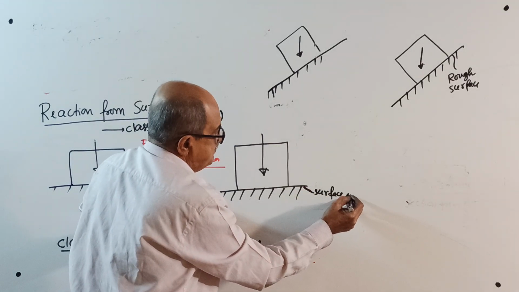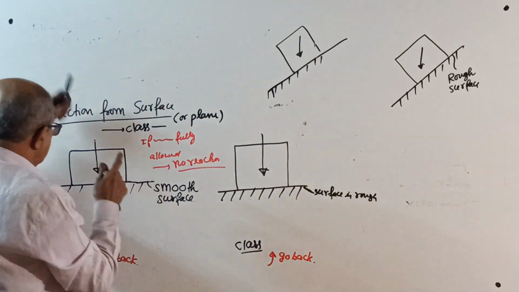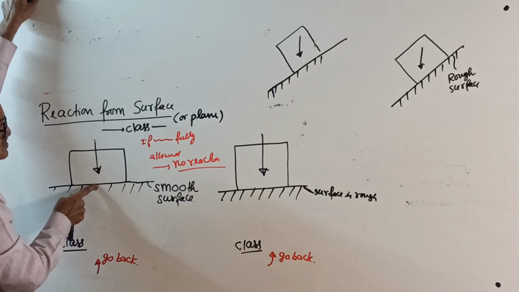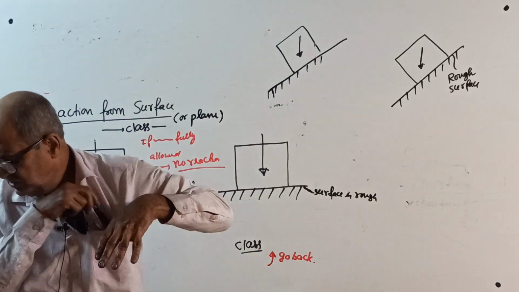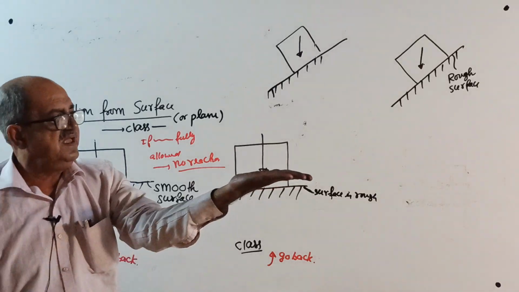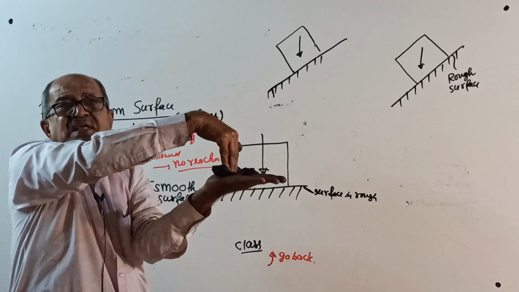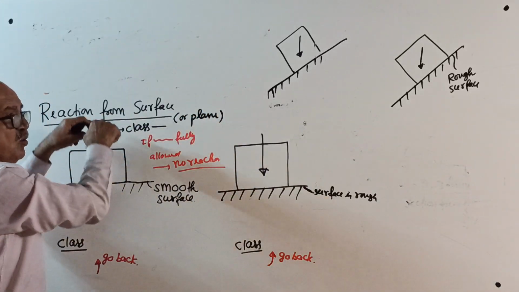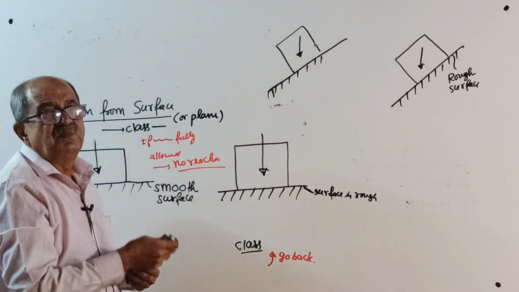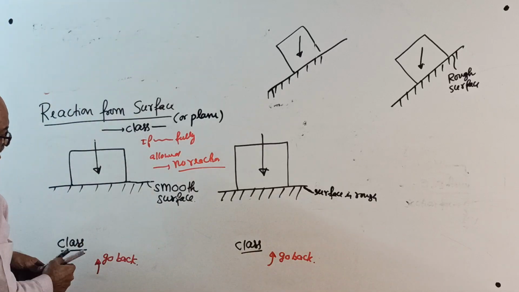Irrespective of whether it is smooth surface or rough surface, vertical displacement is not allowed. When the weight is acting down, this will try to go inside. So therefore, the surface will prevent it going down.